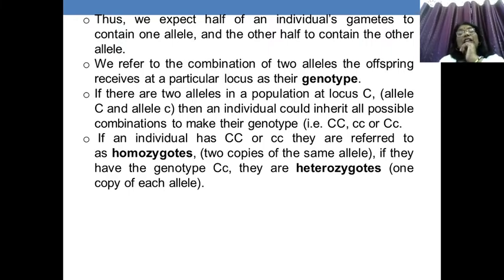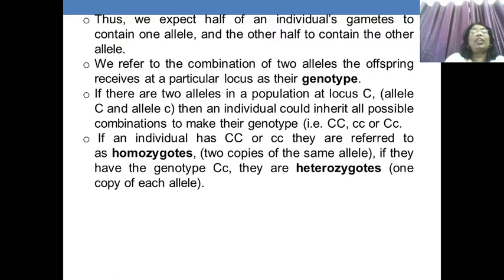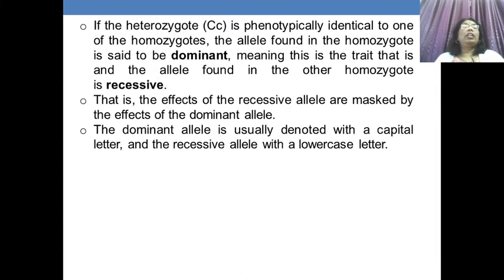If an individual has capital CC or small cc, they are referred to as homozygotes because they have similar copies of the allele. But some receive not the homozygous condition but the heterozygous condition, in which one is a dominant allele and another is a recessive allele.